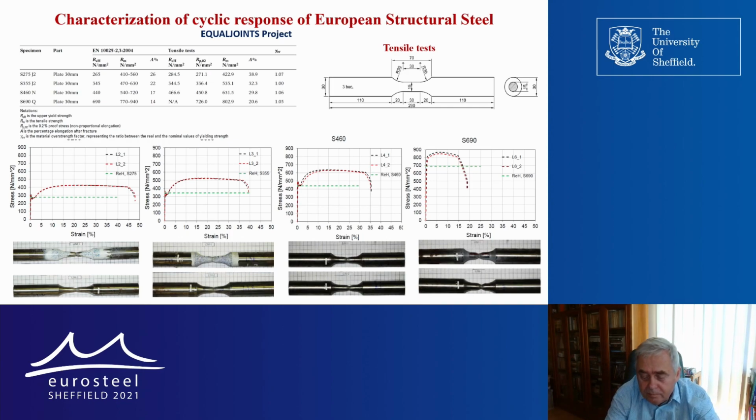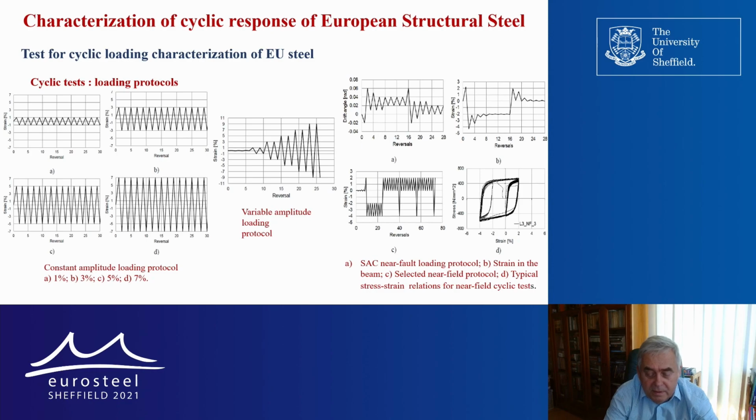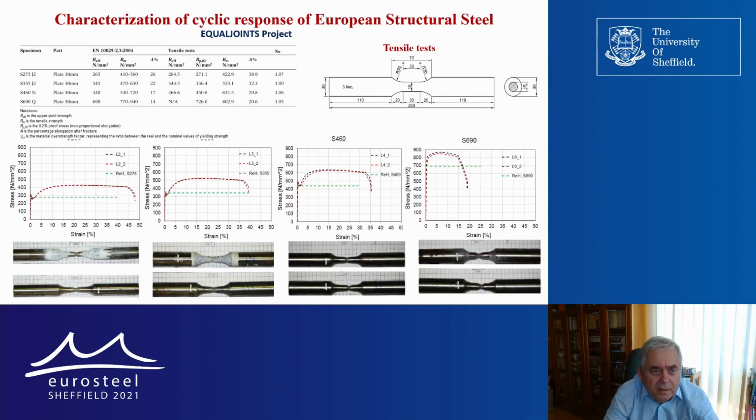You have here the tensile test, and if you look to the stress strain curves, you can see that practically we have a really good ductility for 460 steel grade, and not at all bad for 690.